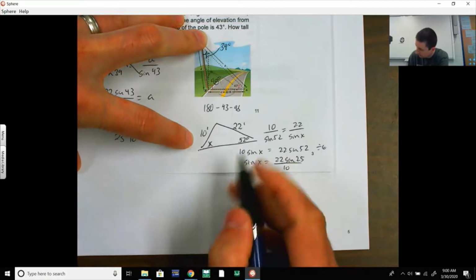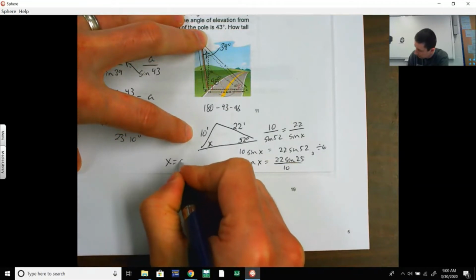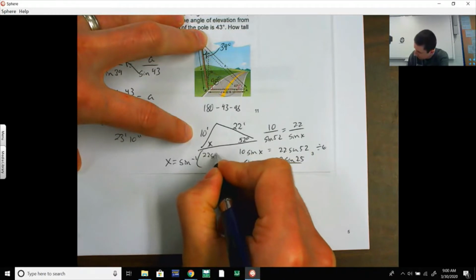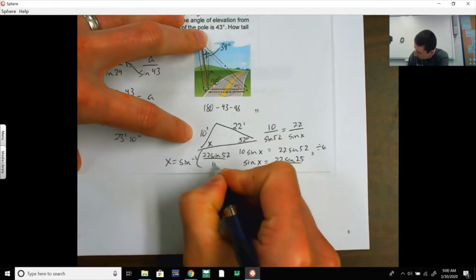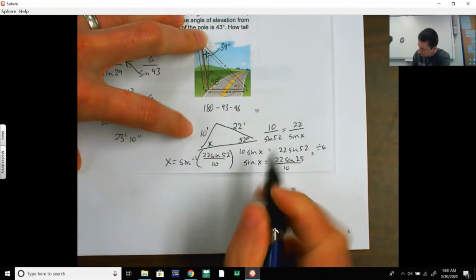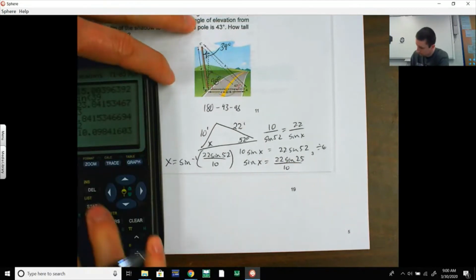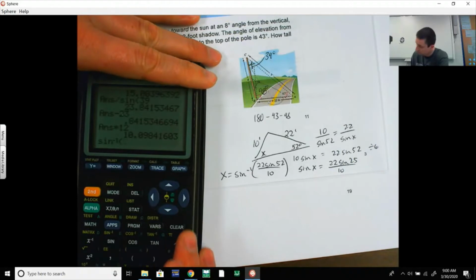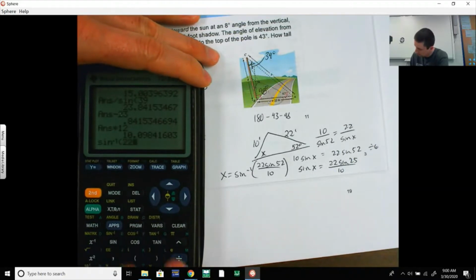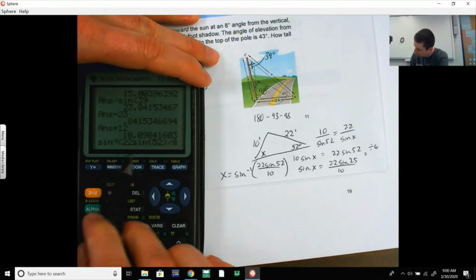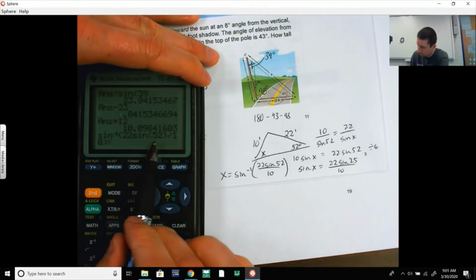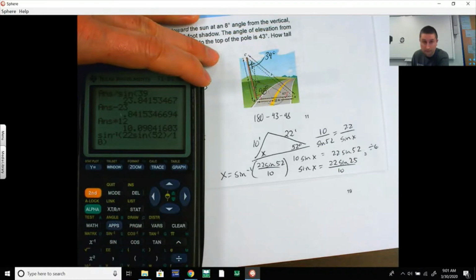So you take the inverse of both sides, you're going to get x equals the inverse sine of this value right here. We'll cover more with inverse operations coming up. So inverse sine of 22 sine 52, make sure this is all in the parenthesis, divided by 10. So like that. So parenthesis 22 sine 52 divided by 10. Don't divide by 10 later.